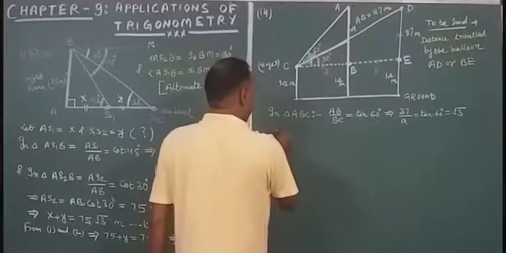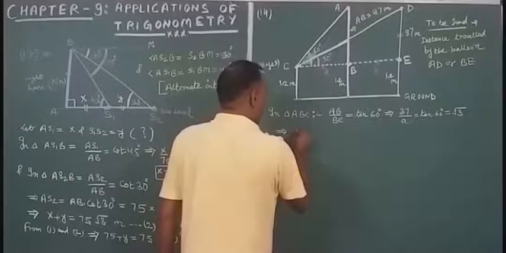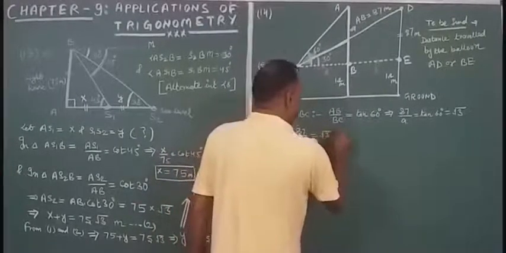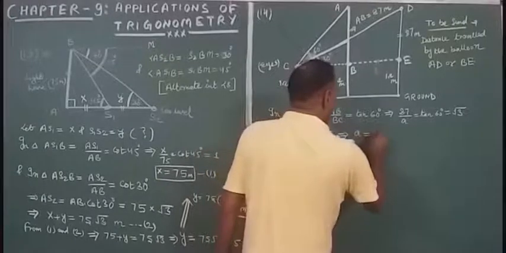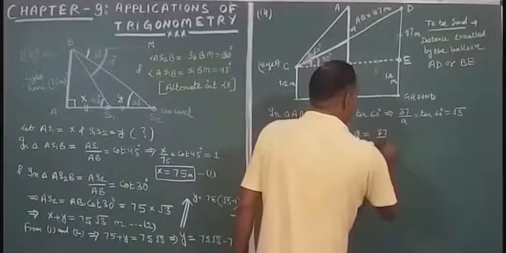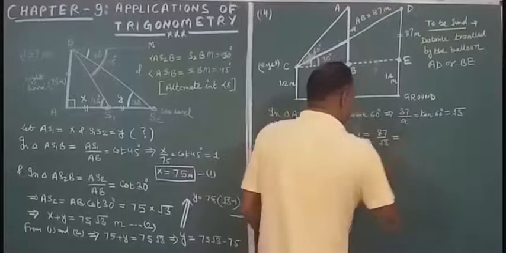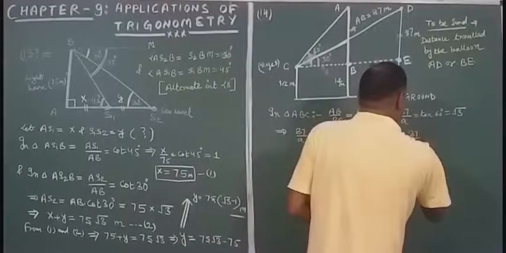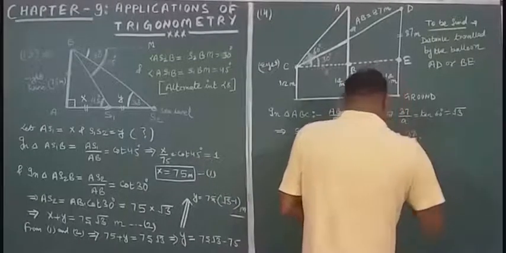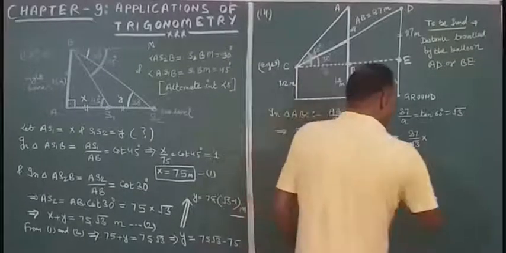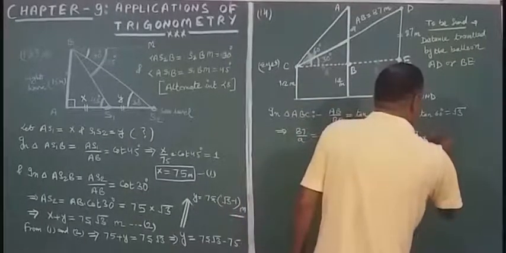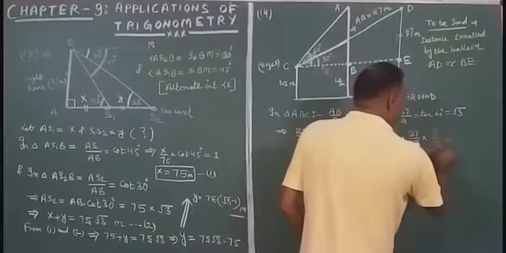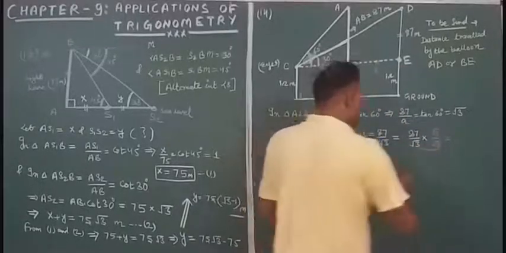Therefore, 87 upon A is equal to under root 3, or you can say A is equal to 87 upon under root 3. Just rationalize it. What will become? 87 upon under root 3, and for the rationalization of it, we have to multiply with the rationalizing factor of under root 3, which is under root 3. So what will be this? This will become 3, okay, and 3.